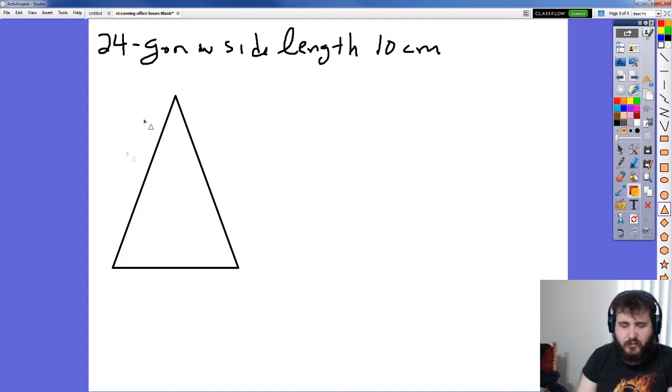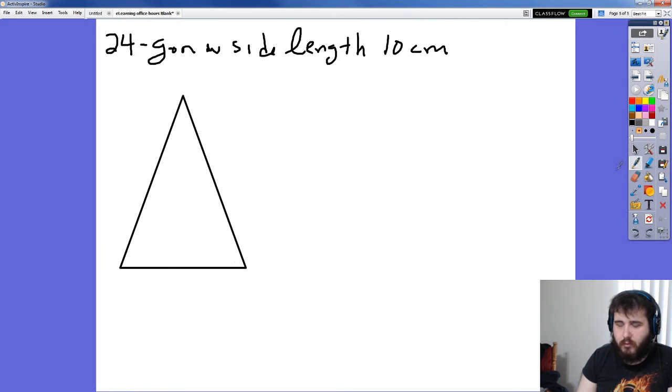Imagine this is like the slice of cheese out of the bottom that we had before. So first things first, they tell us that this is 10 centimeters down here, the side length. What we want is these guys, right? We want A and B and X, just like we had before.